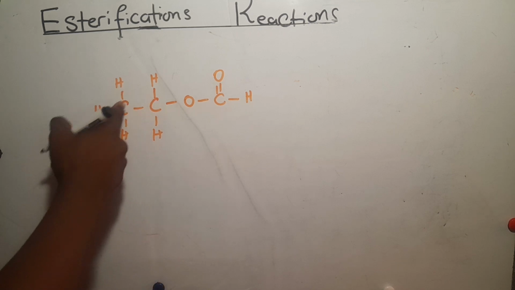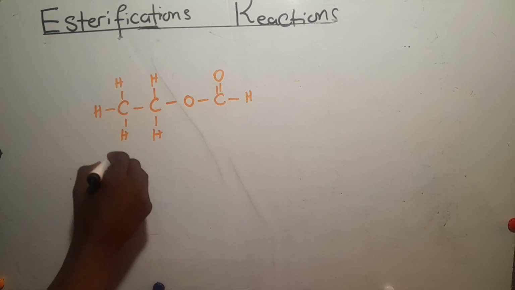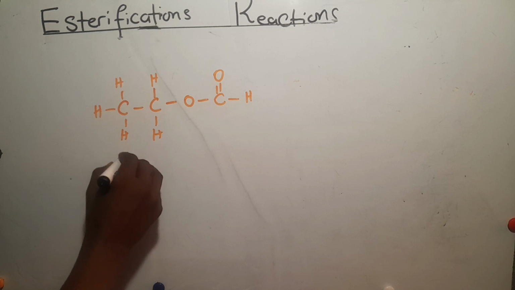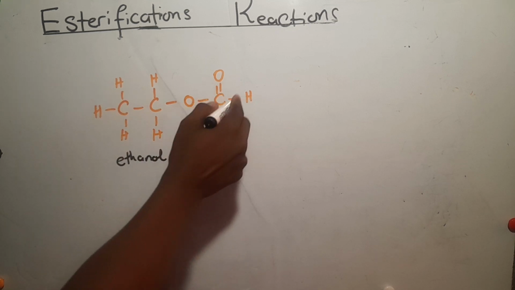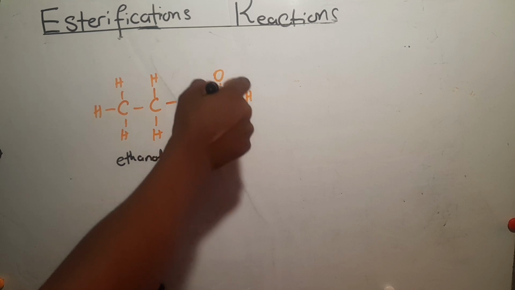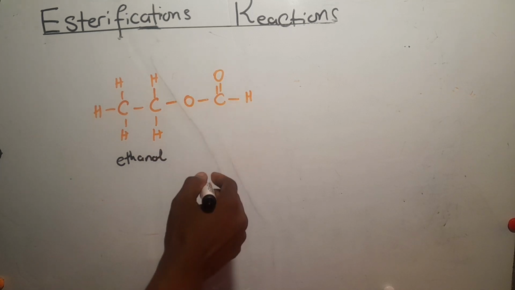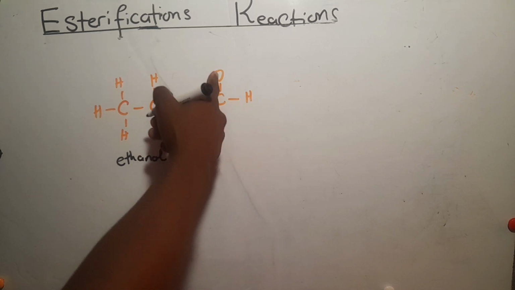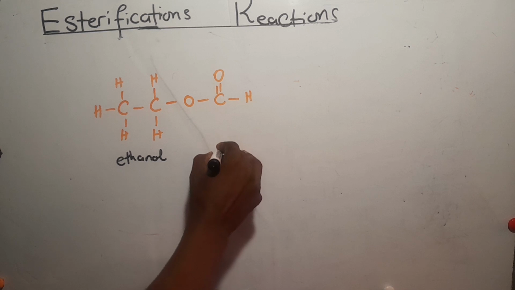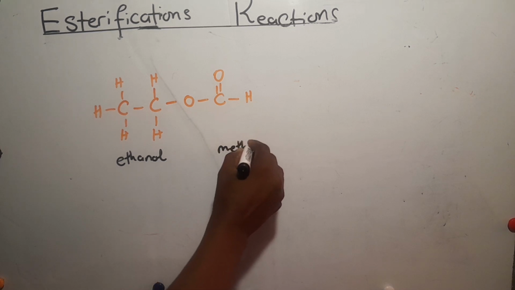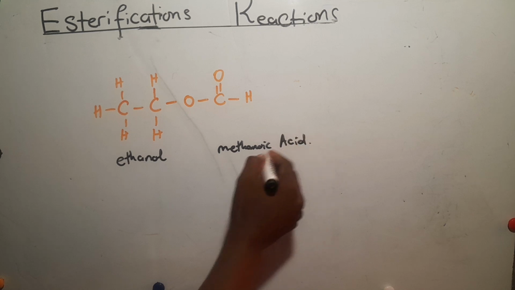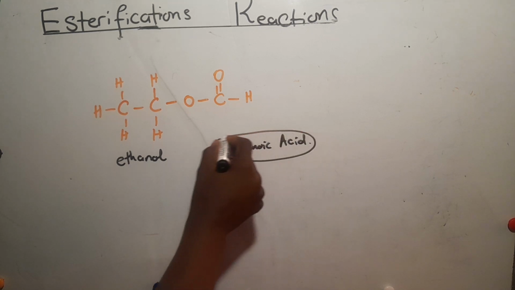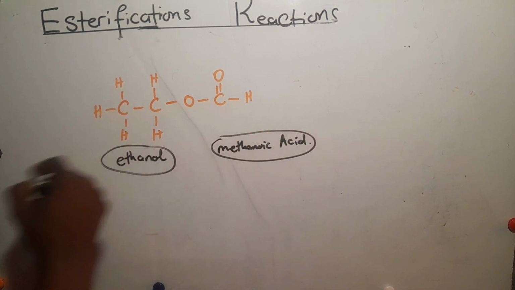An alcohol with 2 carbons is ethanol. And this one having a double bond has only 1 carbon in its chain, so it's coming from the carboxylic acid, which is methanoic acid.